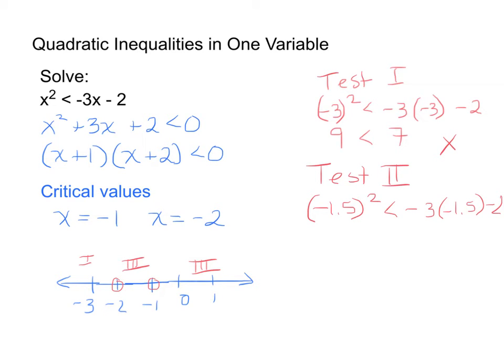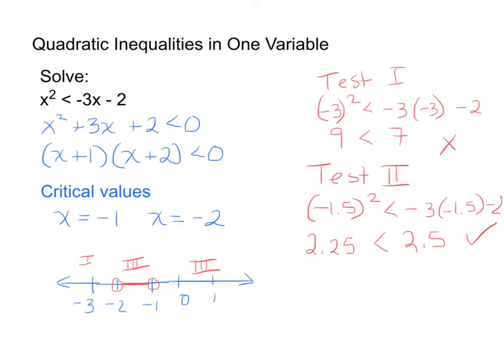Negative 1.5 squared is 2.25. And then we'll multiply negative 3 times negative 1.5 and subtract 2. That gives us 2.5. Is 2.25 less than 2.5? Yes, so that one's true, which means in between here is our solution set.